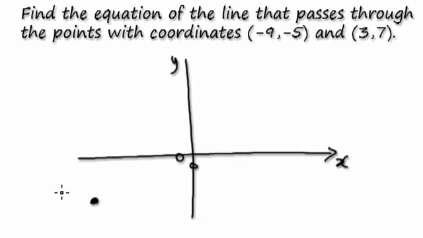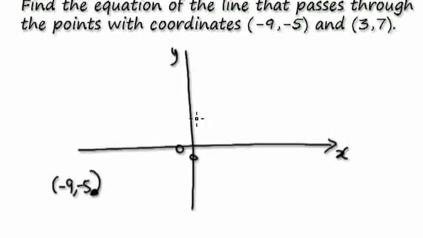So this point is -9, -5. You don't need to draw a complicated grid. This other point, 3 is only a short way across, and 7 up is quite a long way up, so 3, 7. Now you've got two points.